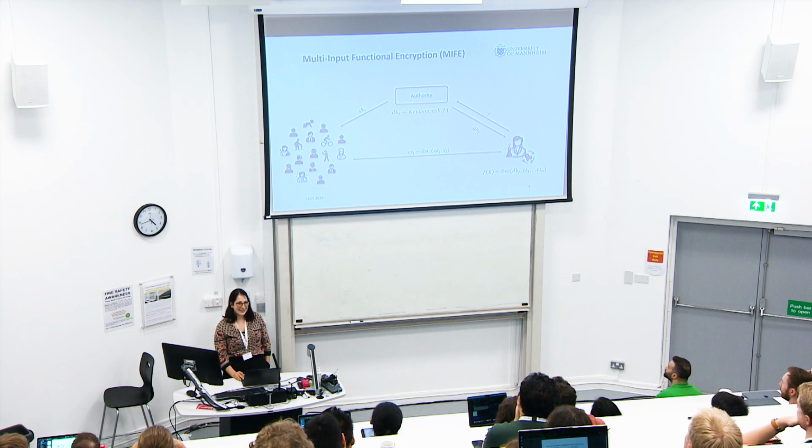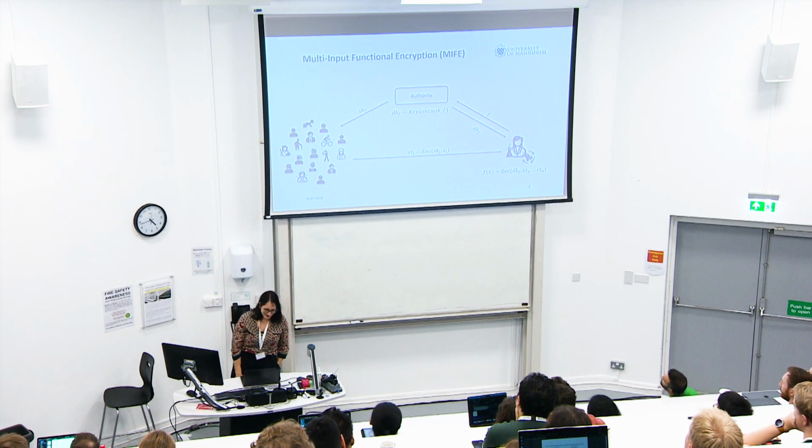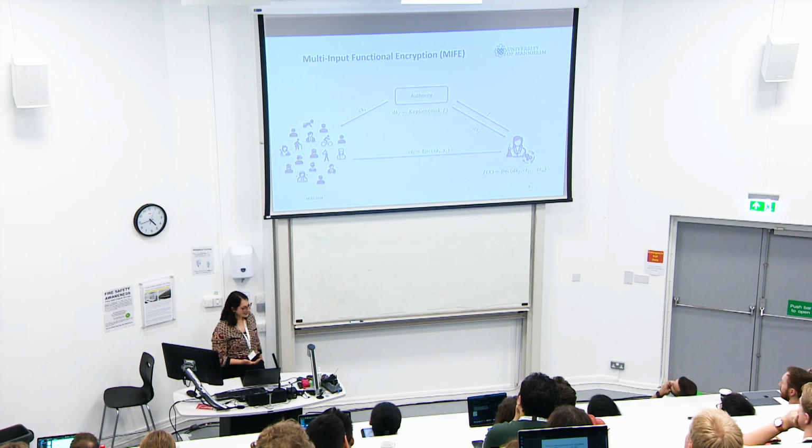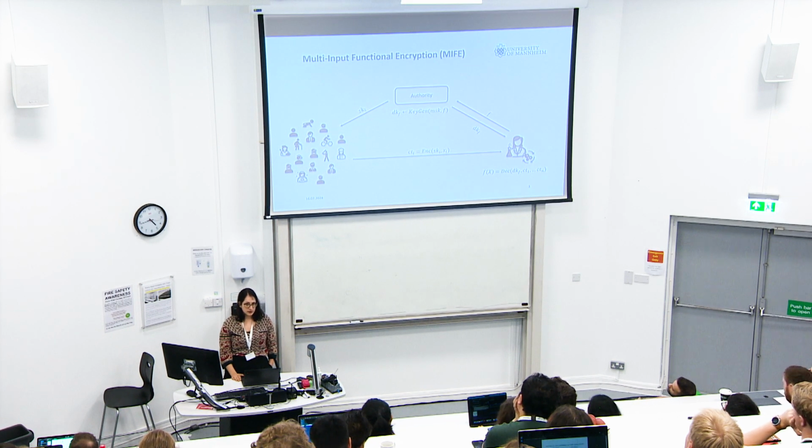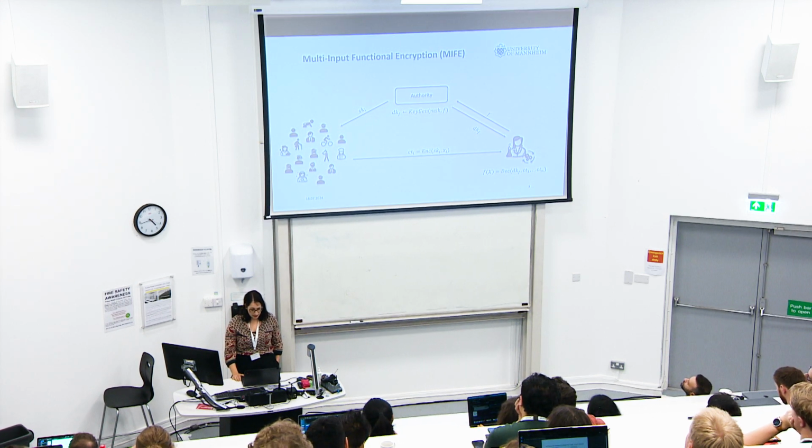So again, just a quick overview of function encryption. We have our data from our different users, we have an authority, and we have our analyst, and the authority provides individual encryption keys. So in a multi-input context, each user gets an individual key.